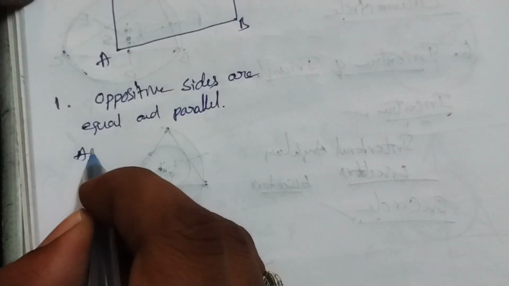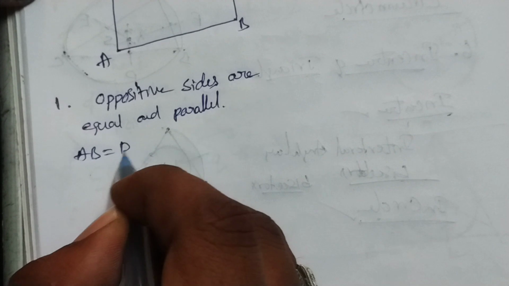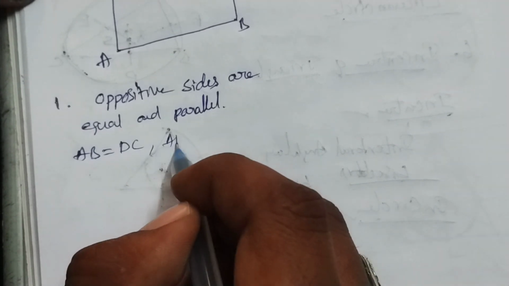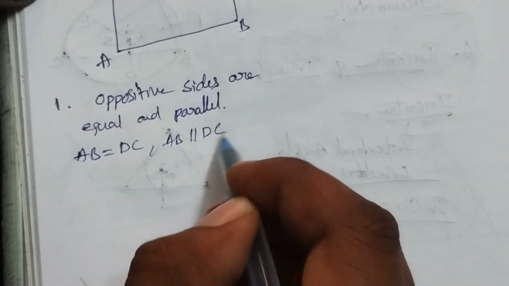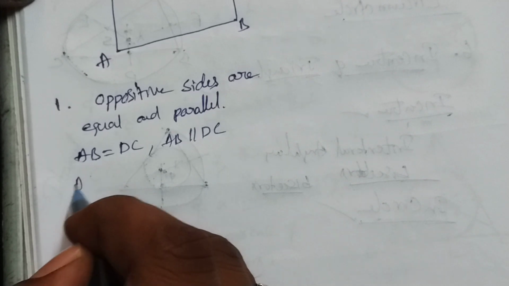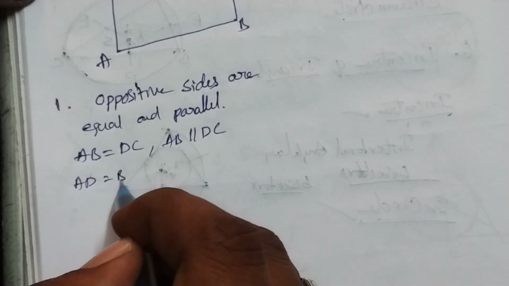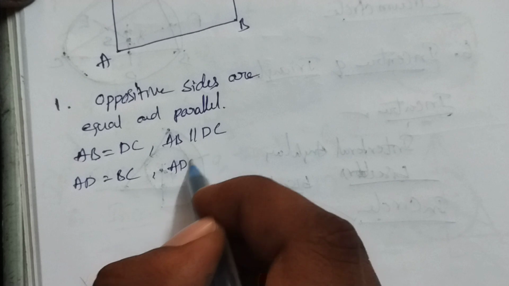For example, AB is equal and parallel to DC, and AD is equal and parallel to BC.